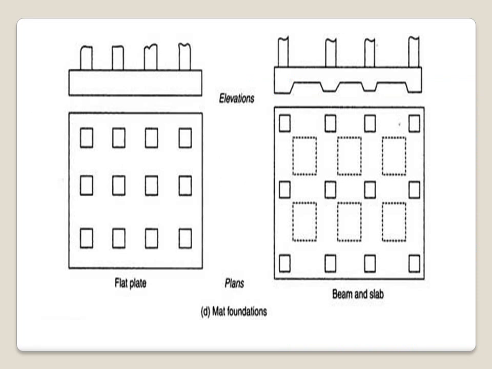Moving on to the plan and elevation of the mat foundation, you can see it consists of a single continuous reinforced concrete slab or an inverted beam and slab construction, and it is preferable when the allowable soil pressure is low or the building loads are very heavy. It can support many columns using one concrete slab as shown in the figure.